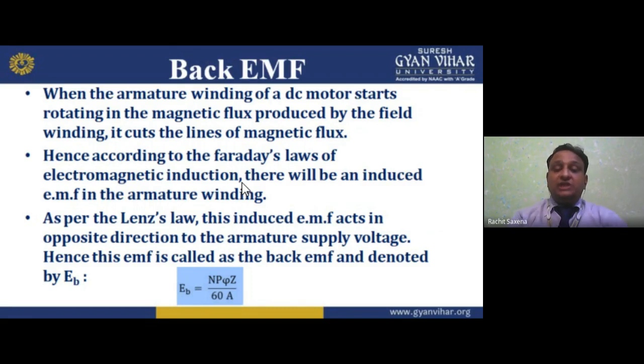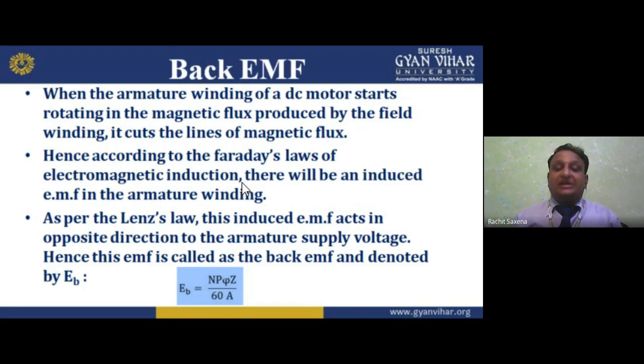Now, as per Lenz's law, this induced EMF acts in the opposite direction to the armature supply. Lenz's law basically states that the induced EMF always opposes the cause of its creation. It means it opposes the source from which it is created.